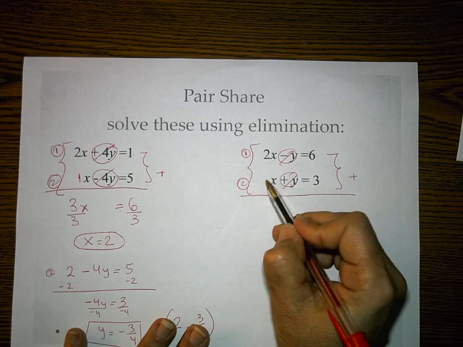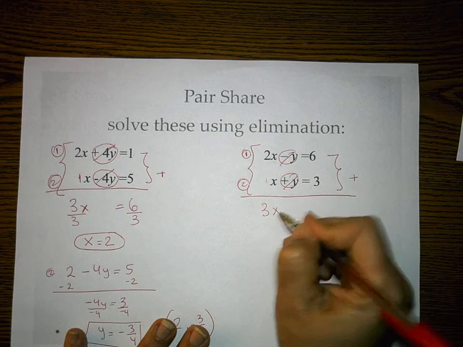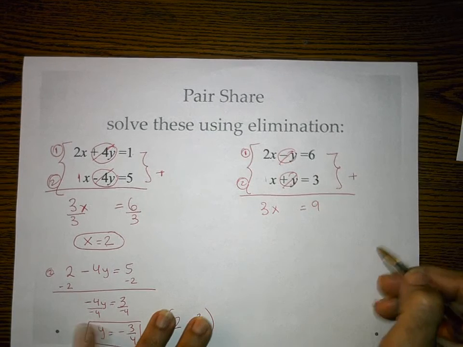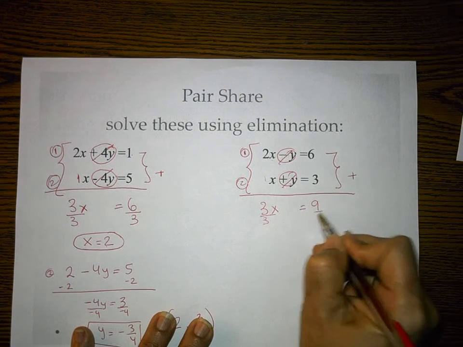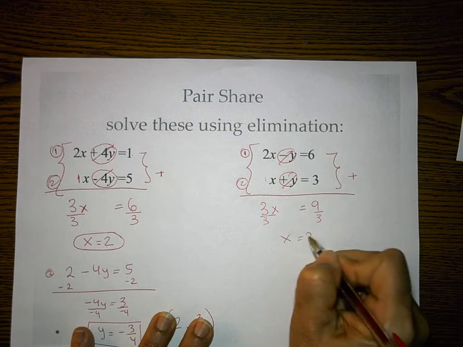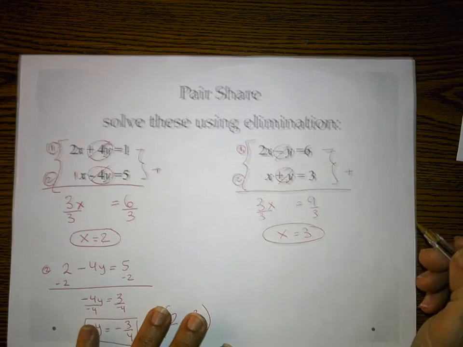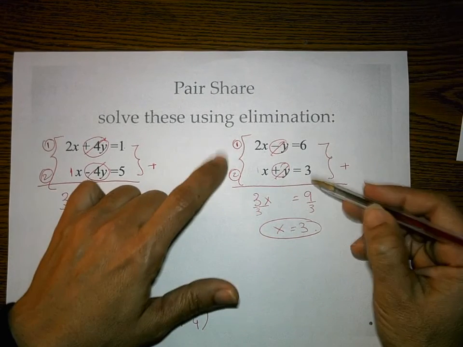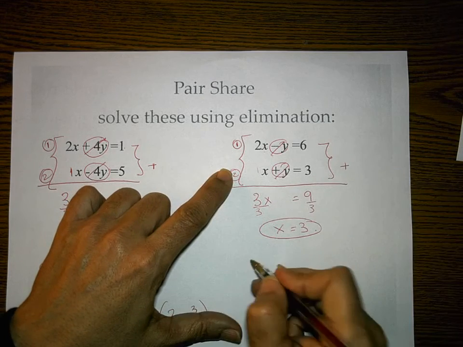2x plus 1x is 3x. But 6 plus 3 equals 9. Now solve, divide by 3 on both sides. We get x equals 3. I know x equals 3. Go back. Pick either equation you want. I'm going to pick number 2 again. Okay?